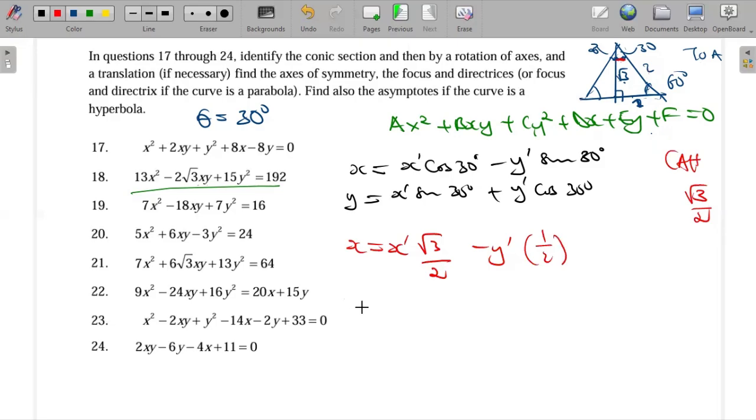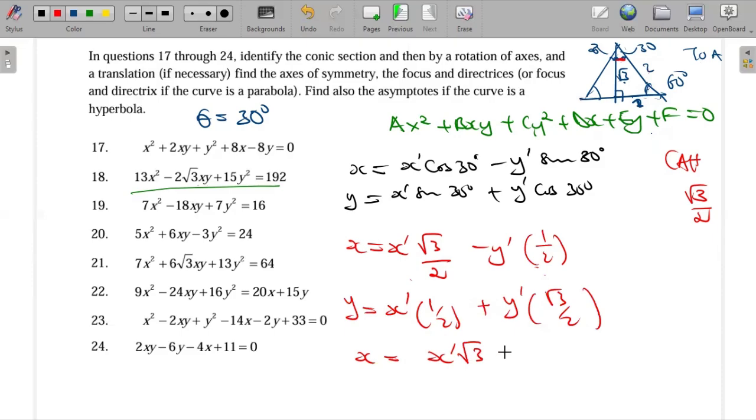And then you have y equal to x prime times 1 over 2, then plus y prime times root 3 over 2. So this simplifies to say our x is going to be, since they all have the same denominator, which is 2, x prime root 3, whether I write the root 3 in front or behind, it's okay, then minus y prime, all over 2.